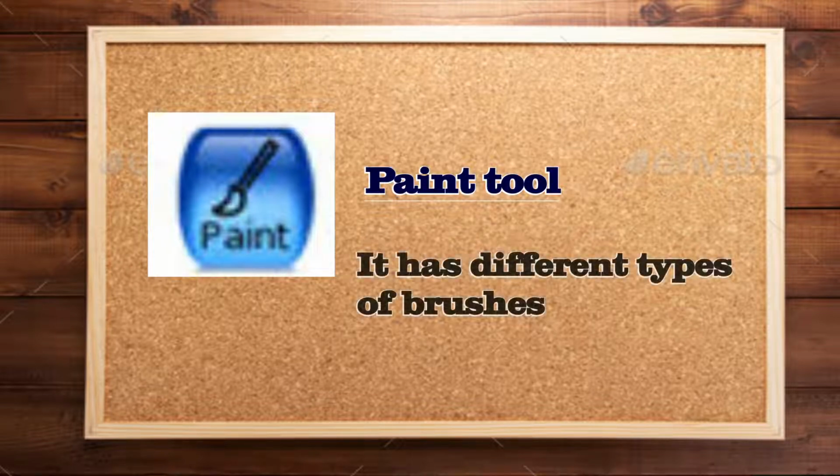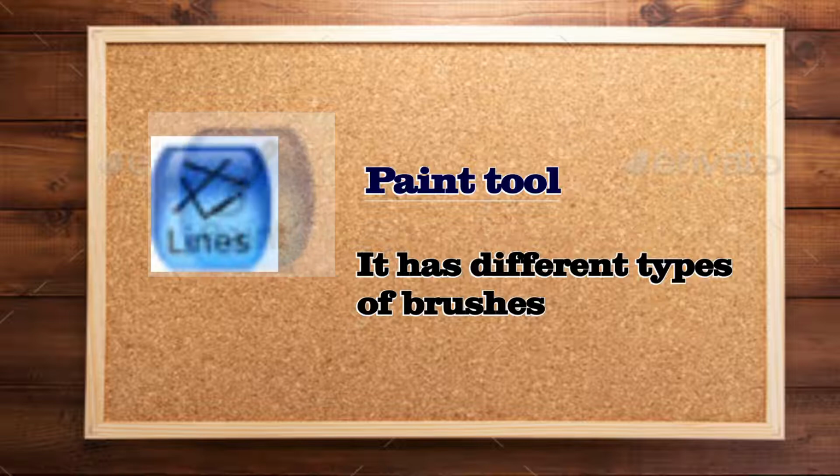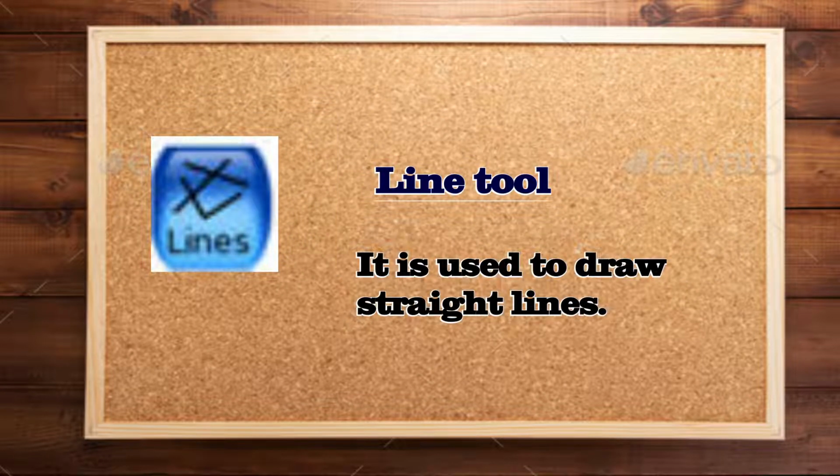Can you name the tools? This is paint tool. What is its use? It has different types of brushes and it will help you to draw pictures. Line tool. It uses paint brushes and draws straight line.